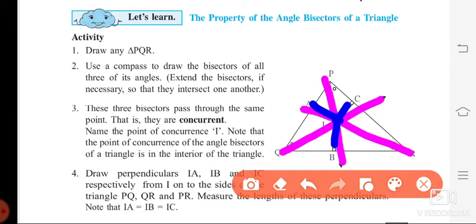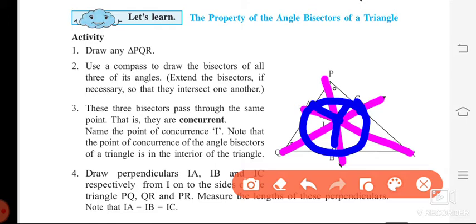Once again I will tell you, when you draw angle bisectors of the angles, we get a point that is called the point of concurrence, and the lines which are passing through it are called concurrent lines. And whatever point you get, children, that point is equidistant from the sides of the triangle, and thus we are able to draw a circle inside it.